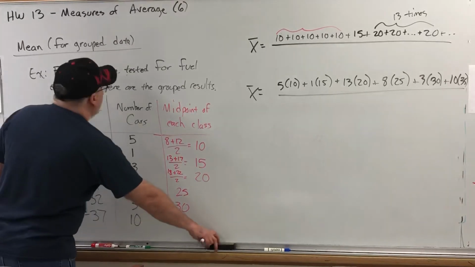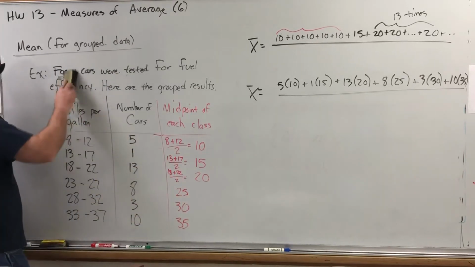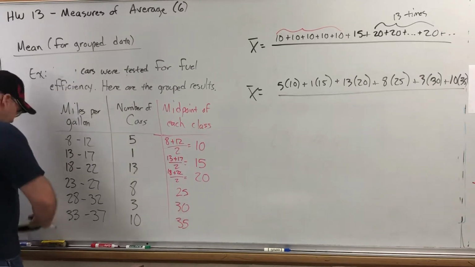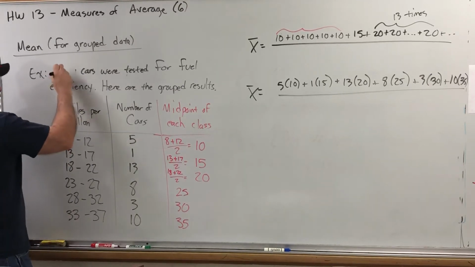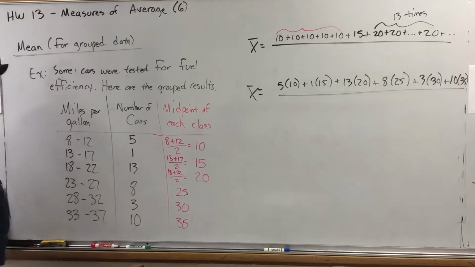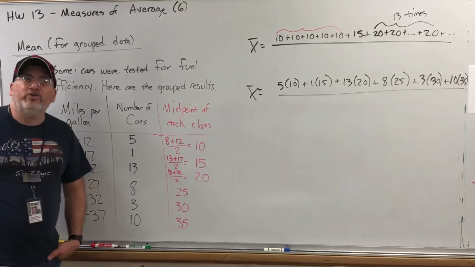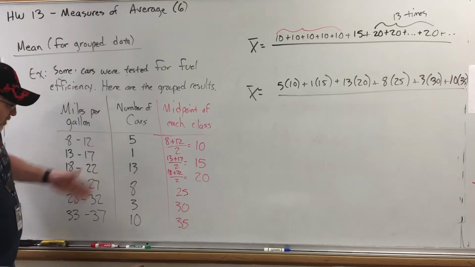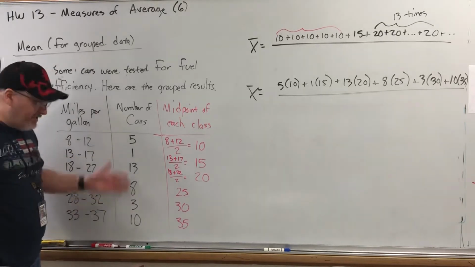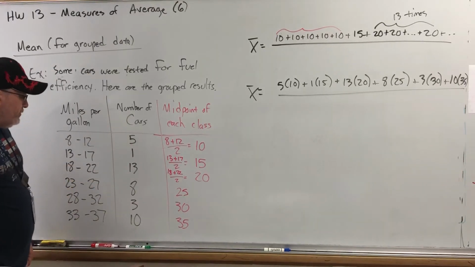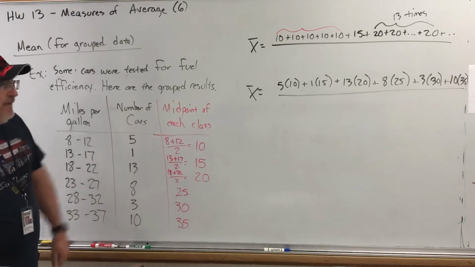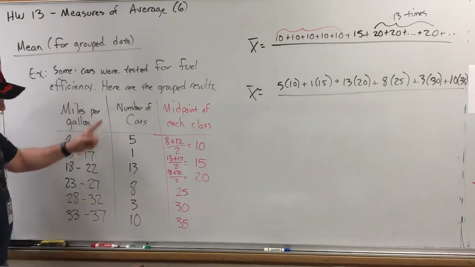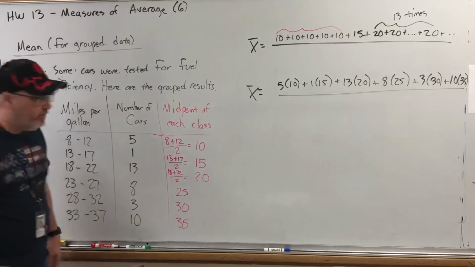But let's say for a moment that instead of 40, it said some cars, and they didn't tell us how many there were. Some cars were tested for fuel efficiency. Here are the grouped results. How can we recover the number of cars that were analyzed? Well, earlier I checked, these added up to 40. So really, to get the number that we divide by, if they don't tell us, there's still enough information in here.